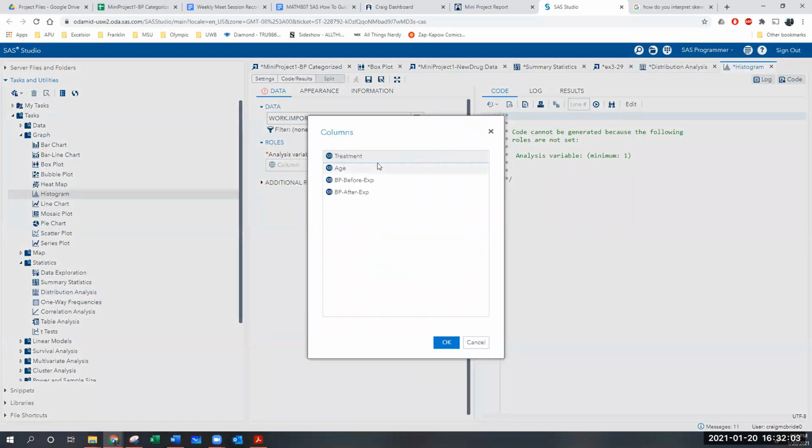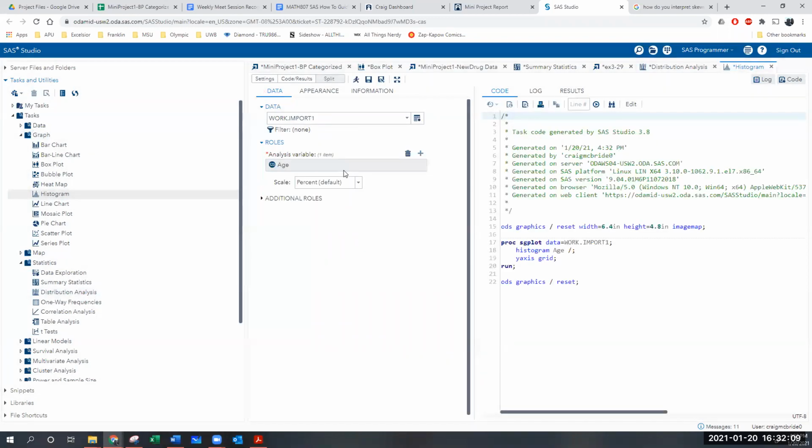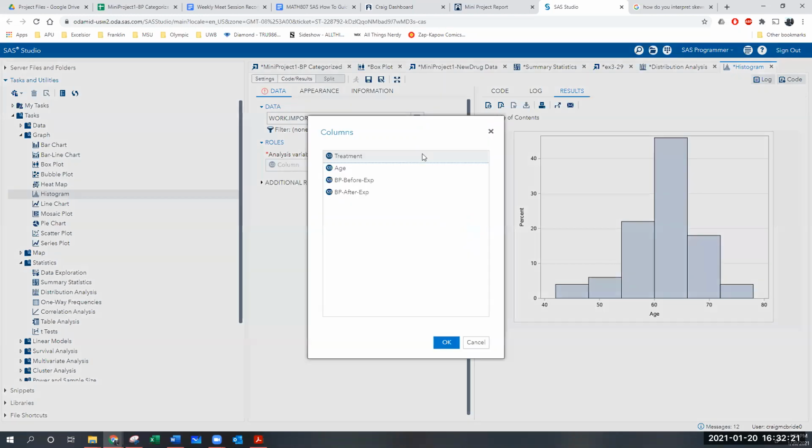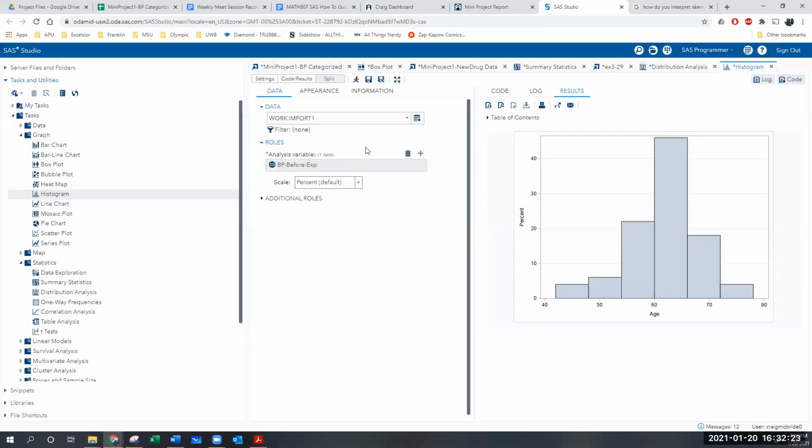Analysis variable. Unfortunately, with this histogram function, it will only let you do 1 at a time. You can't put all 3 in there like you can for summary statistics. So you just run this one. There it is for age, right? And then swap it out. Put in BP before.